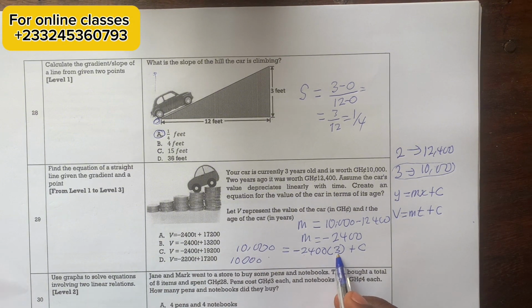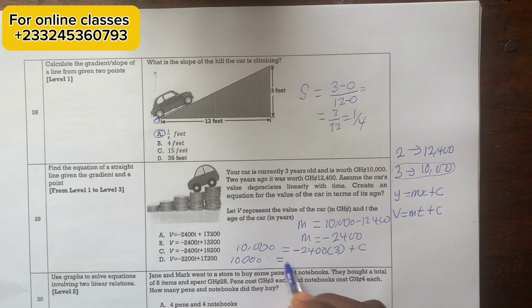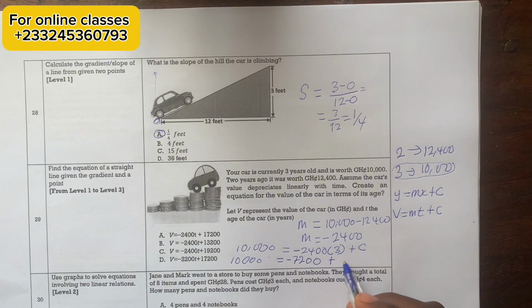If I multiply this, I'm going to get 7,200. That is 24 times 3, which is 72. So this will give me minus 7,200 plus c. And this one will come here to add.